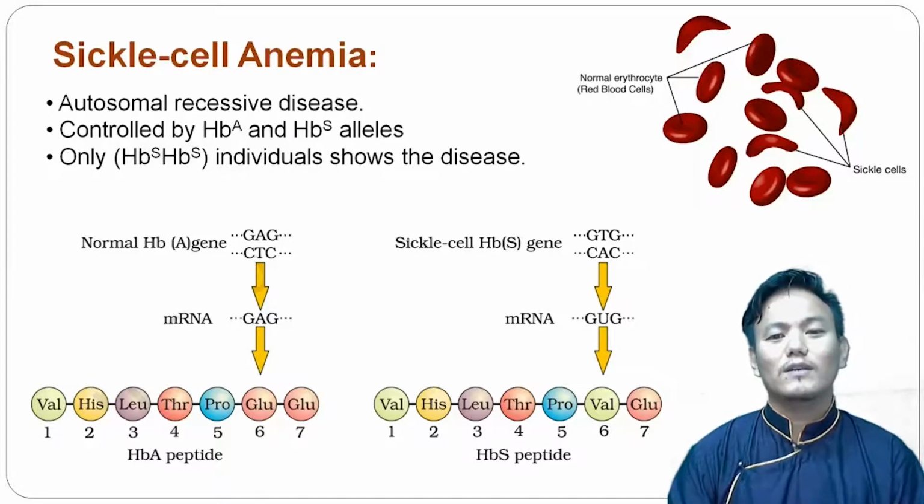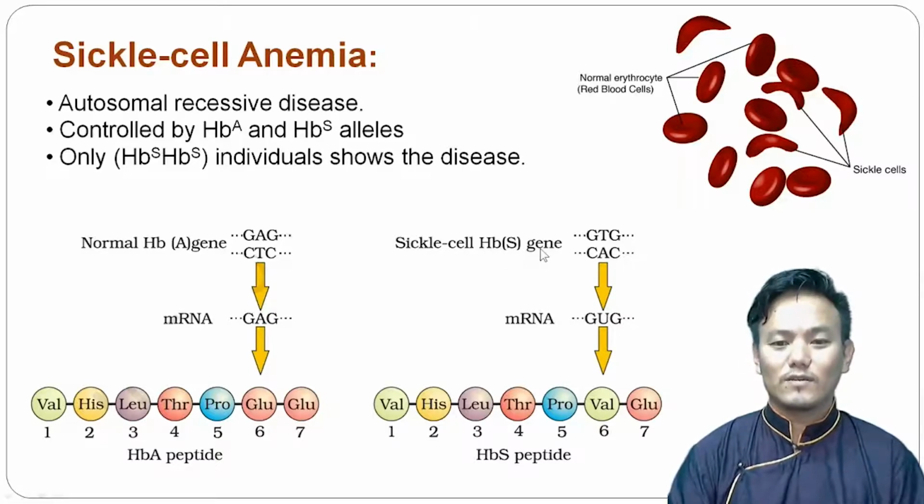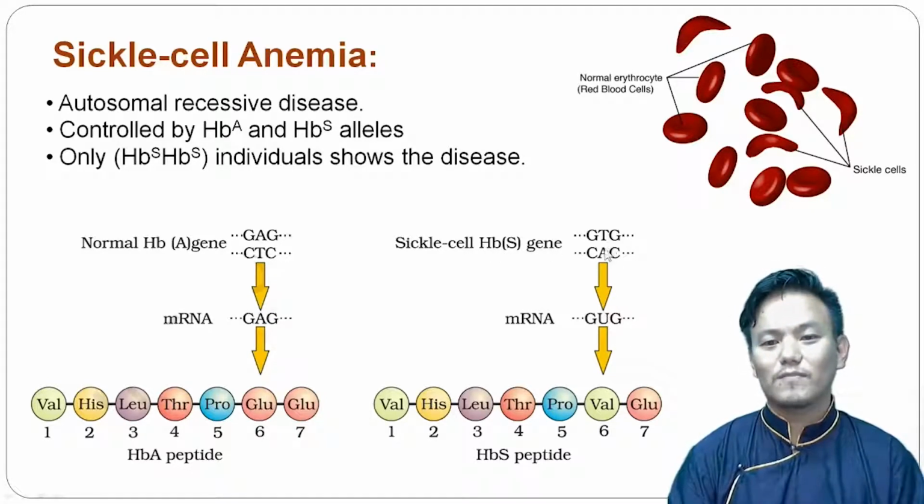Now, a person who is carrying the HBS gene, the sickle cell gene, there has been a point mutation in which A, adenine, is substituted by T, thymine. This substitution leads to the formation of a different mRNA sequence.